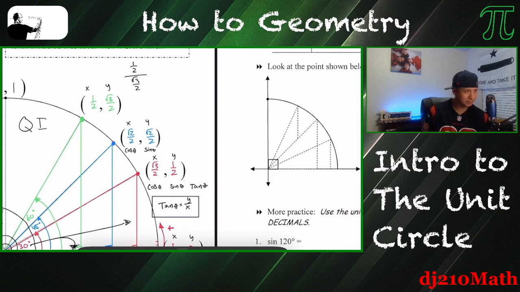Some nice algebra techniques happen here: a complex fraction, a fraction inside a fraction. The denominators match. Two ways to think about it: you can just cancel the denominators, or you can keep the 1/2, change it to multiplication, and flip this. So this would be 2 over root 3. These are going to cancel, and you get 1 over root 3. If you rationalize the denominator, that's key, you're going to get root 3 over 3. And this is a very common tangent value. So we're going to get root 3 over 3.